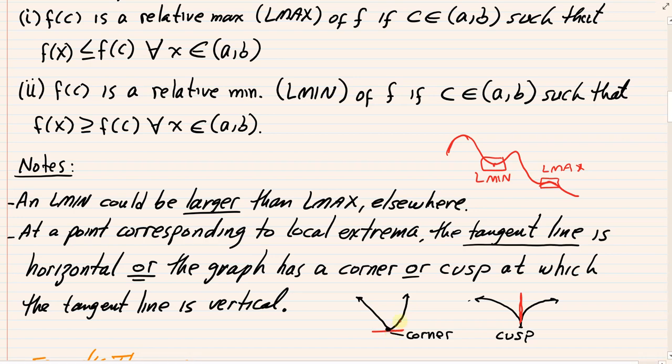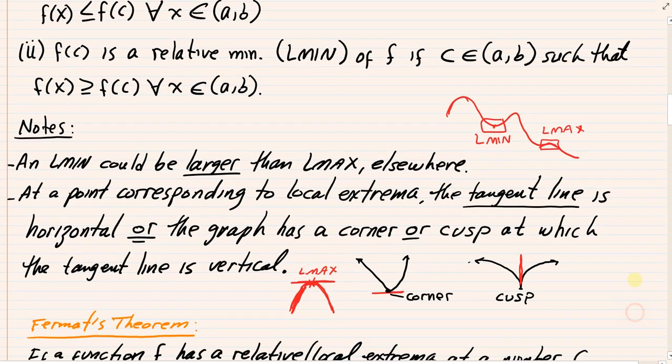And the tangent line could be horizontal, by the way, not necessarily at the corner point. So for example, if I have a parabola like this, for this graph, there is no corner point, but the tangent line is horizontal. And therefore, it looks like in this case, there's a local max. Okay.